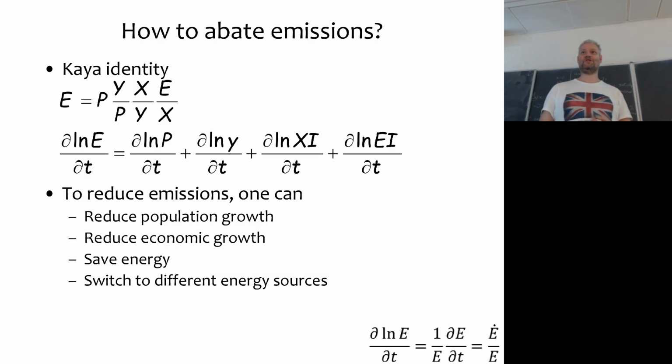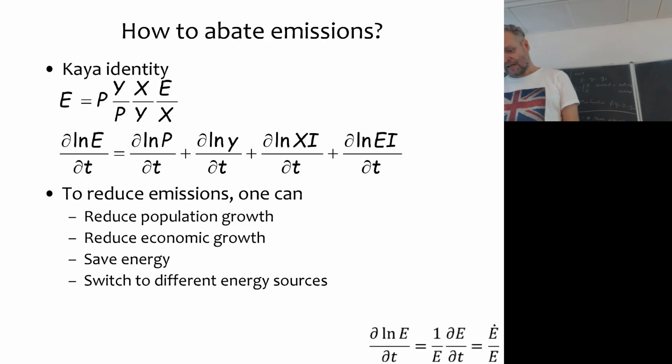If you want your emissions to fall, well, your economy is growing by 3% per year. That means that your carbon and energy intensity have to improve by more than 3% per year, right? So it's not enough to just improve things. No, they have to improve at a particularly rapid pace.